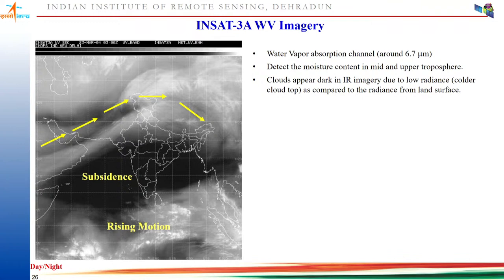So in the water vapor image, the brighter objects have low temperature or high moisture. Actually, high moisture should have low temperature, so it should look dark.